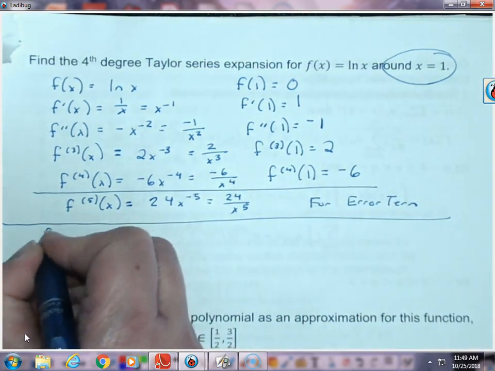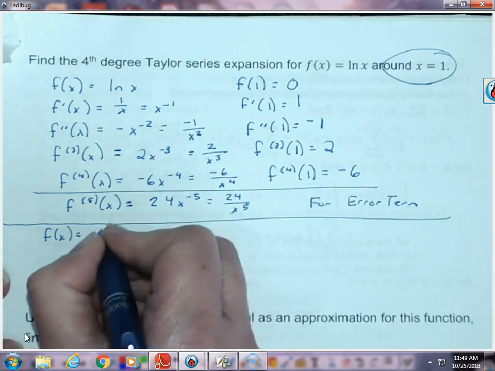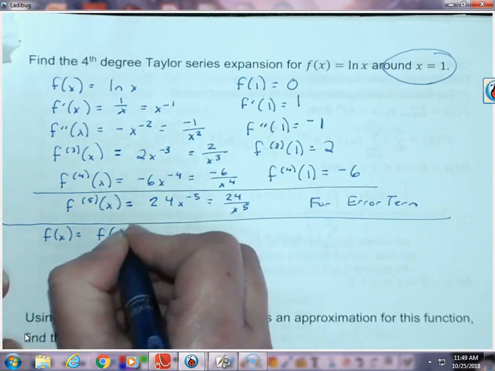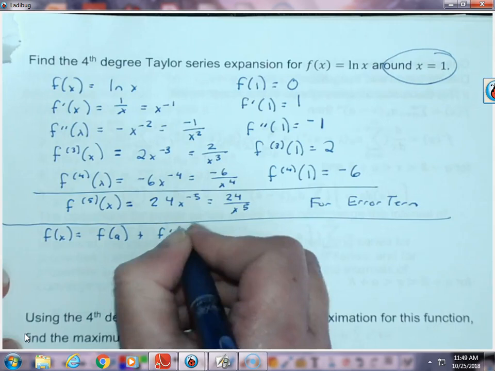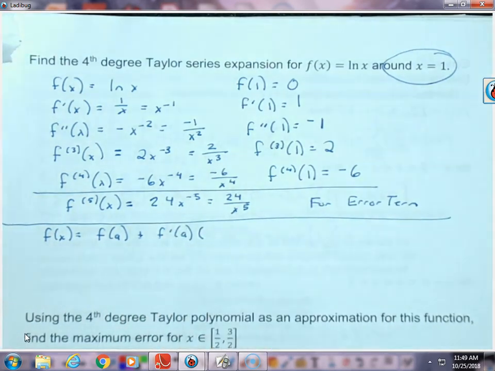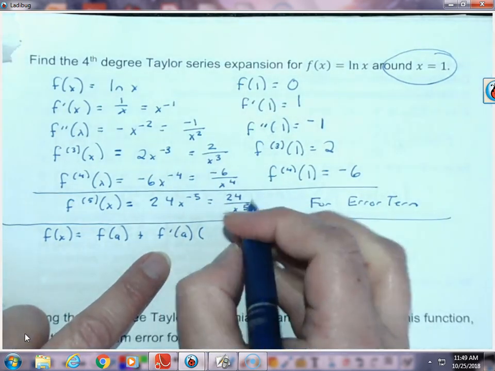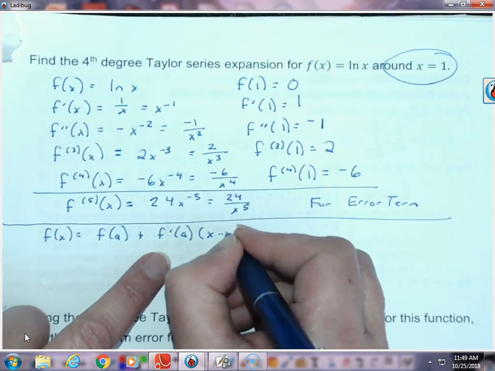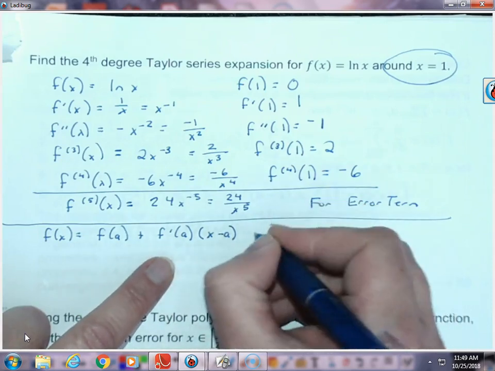Okay, and this is the formula for the Taylor series. It's the same thing, only we're putting in a, which for us is going to be 1 all the way through. But I'm just writing the formula for now, and then all your x's are like x minus a's.